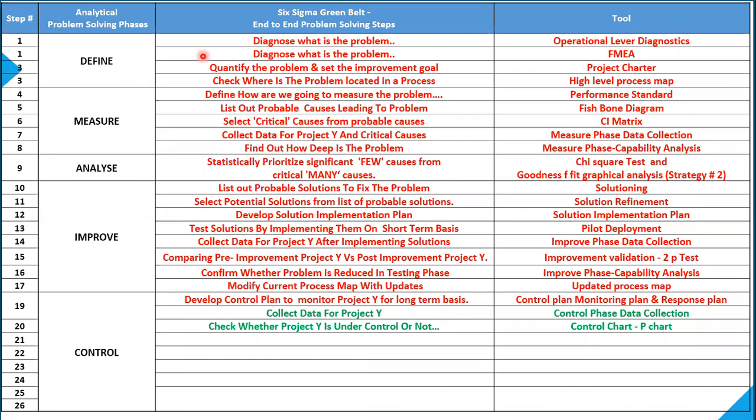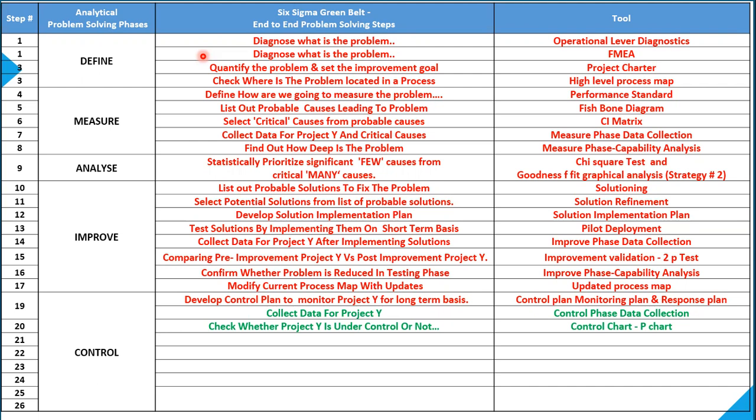Now we got a list of potential and prioritized problems, and simultaneously or one after another, we can take those problems and deploy the problem reduction process with the help of the problem solving methodology called DMAIC.